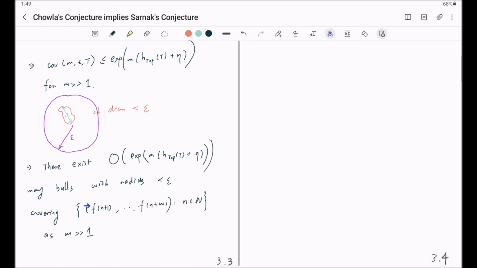So this just follows from the definition for the curve N_m(epsilon, T) and this elementary geometric fact.